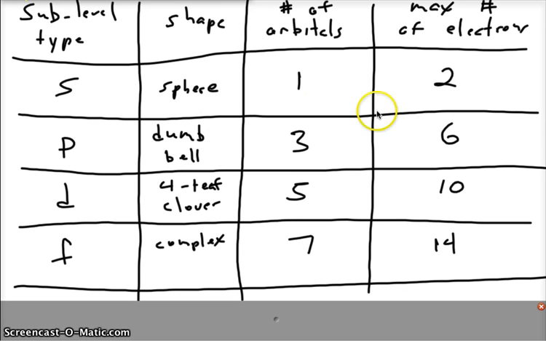S sublevels have 2 electrons. P sublevels have 6 electrons. D sublevels have 10 electrons. The third level has all 3 of those, so it would have 10, 6, and 2. It'd have 18 electrons. So being able to reason out questions like that is based on, do you know these tables and how they interact and interplay with each other?